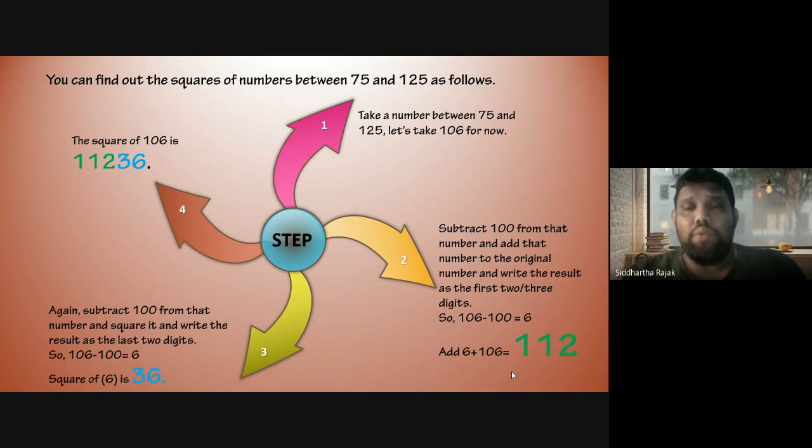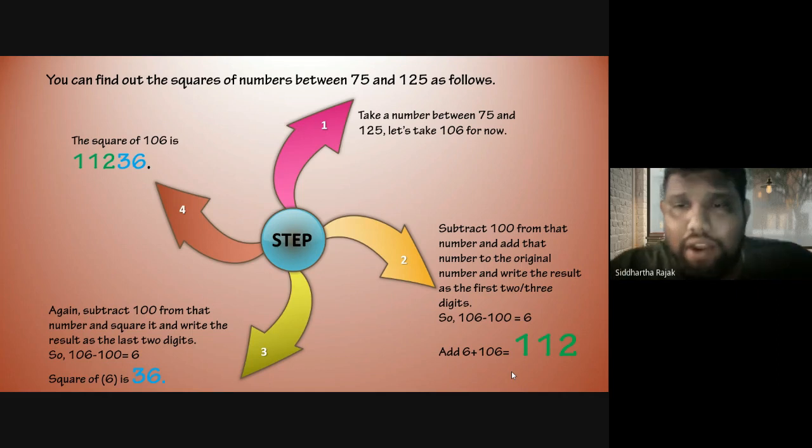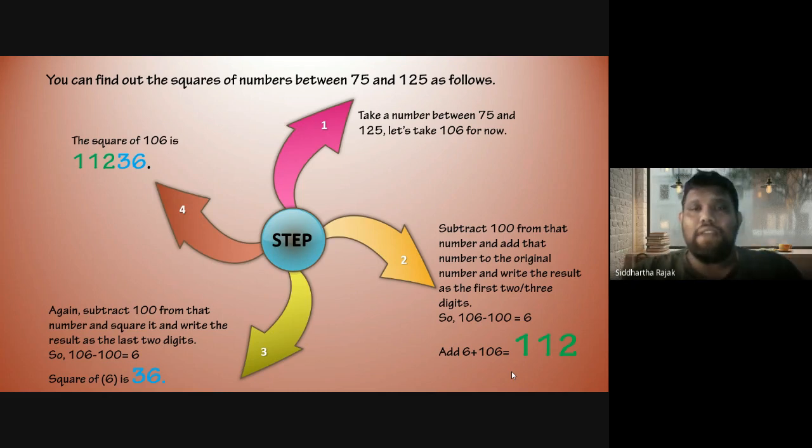This number was greater than 100, so we added 6 to it because it was 6 greater than 100. If we are to find the squares of numbers lesser than 100 between 75 and 125, for example, let's say 95, then we need to subtract 5 from 95 because it is 5 lesser than 100. So for numbers between 75 and 100, we need to subtract, and for numbers greater than 100 up to 125, we need to add.